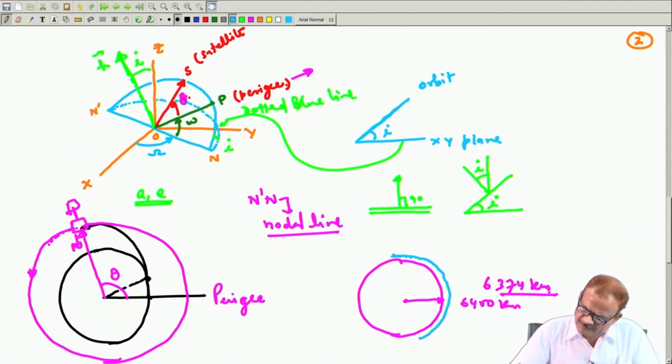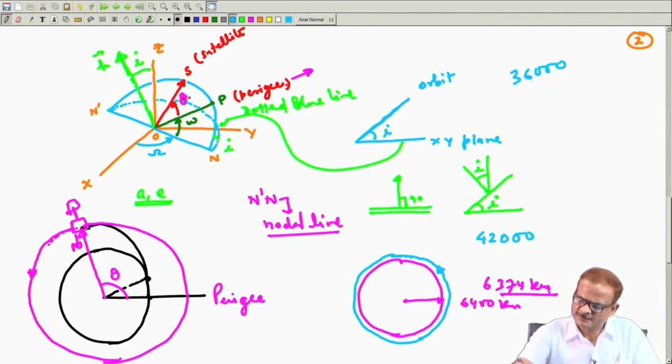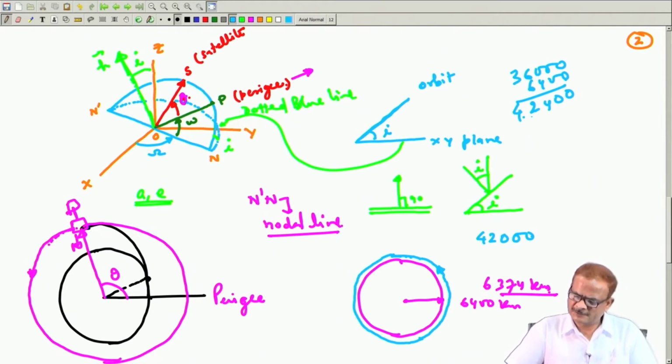If you look from outside the earth, it will look like this. So, it is going so close to the earth. And thereafter, if you are looking at the geostationary satellite, you are aware that the geostationary satellite altitude is around 36,000 kilometers from the surface of the earth. So, approximately 42,000 kilometers: we have 36,000 kilometers plus 6,400, the radius of the earth, so 42,400 it is coming.